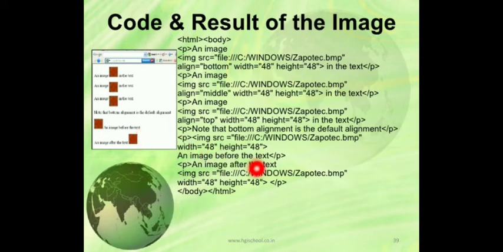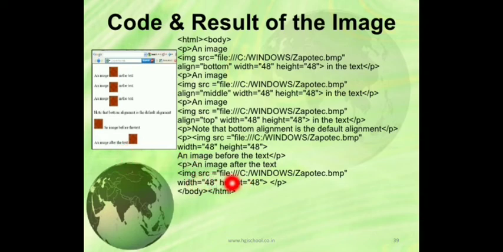Now if we want an image after the text, then remember we have to write the img code after the text. So here this is the last paragraph, here it is written an image after the text, then img src. You can see an image after the text is here in the web browser.